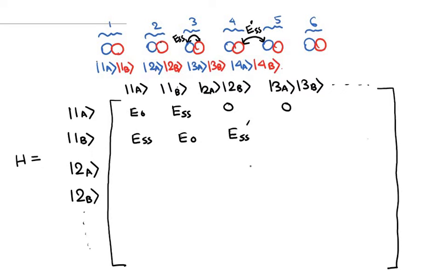Similarly, this row corresponds to the equation for this atom, and there is no direct coupling between this atom and this atom, so the first element is 0. The second element is the coupling between this atom and this atom, so this is ESS.